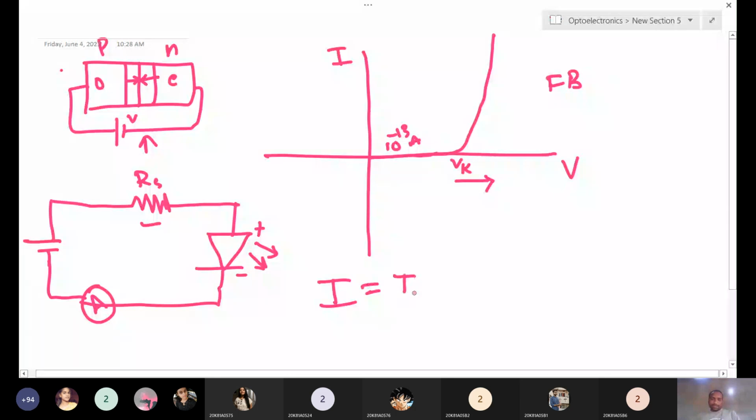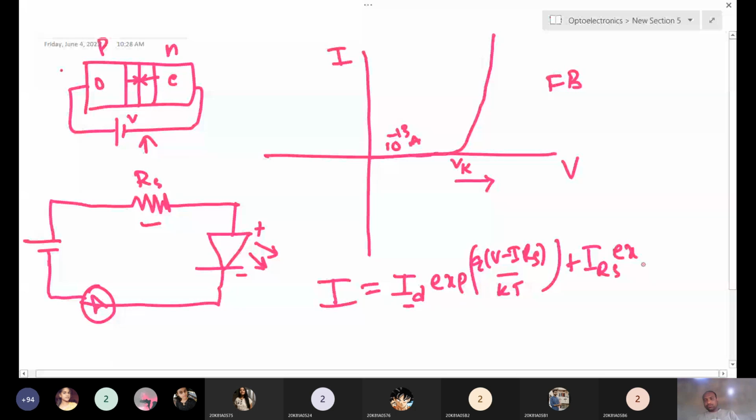This is the dark characteristic: I equals I0 times exponential of q(V minus IRs) by kT, where I0 is the saturation current of the diode, due to the diode. The second term is exponential of q(V minus IRs) by 2kT. Here there is 2, and there is 1 in the first term. At lower voltage n is equal to 1, at higher voltage n is equal to 2. This is the ideality factor.